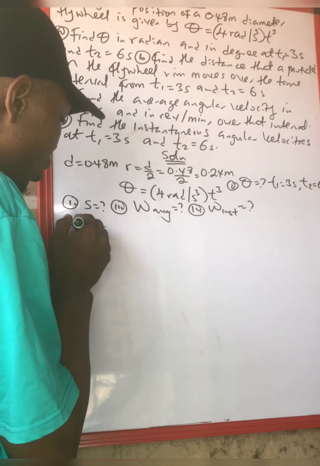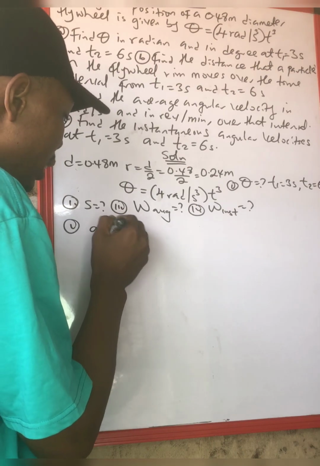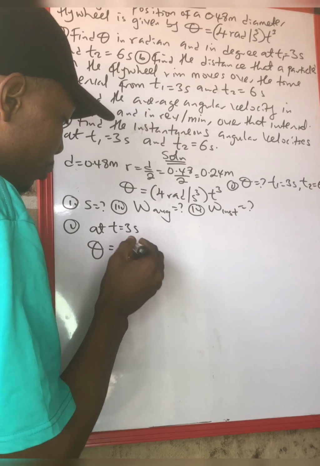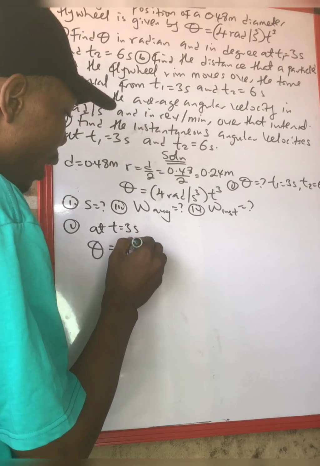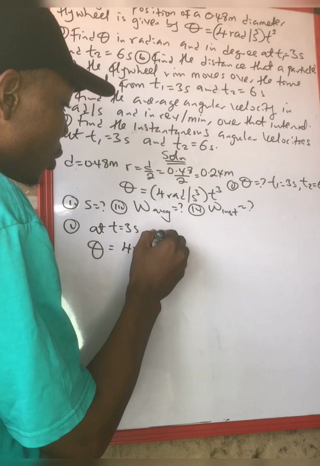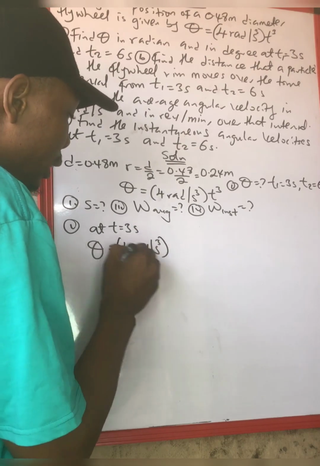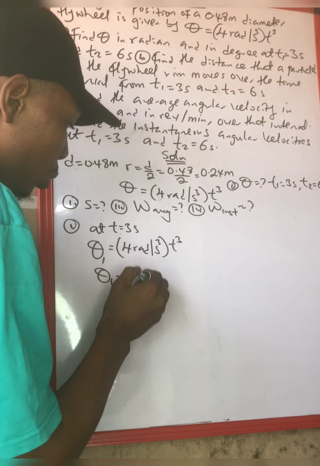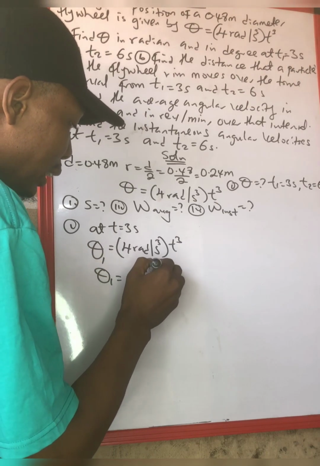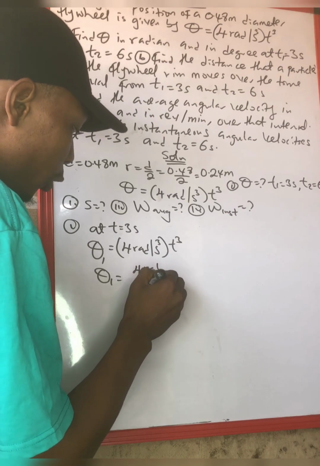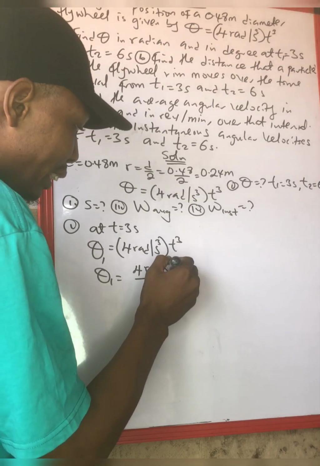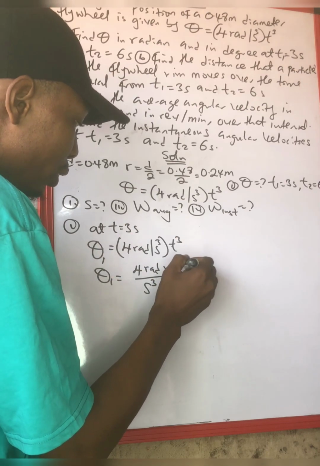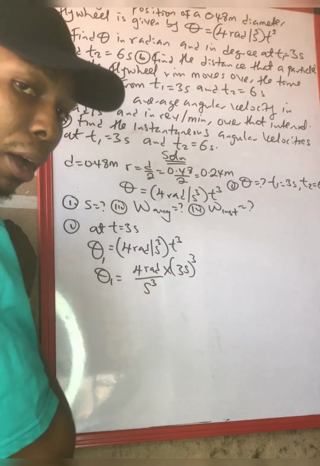At t equals 3 seconds for question number 1, I'm given my theta to be 4 rad per second cubed, then t cubed. So theta 1 equals 4 rad over second cubed, times our time, 3 seconds, raised to the power of 3.